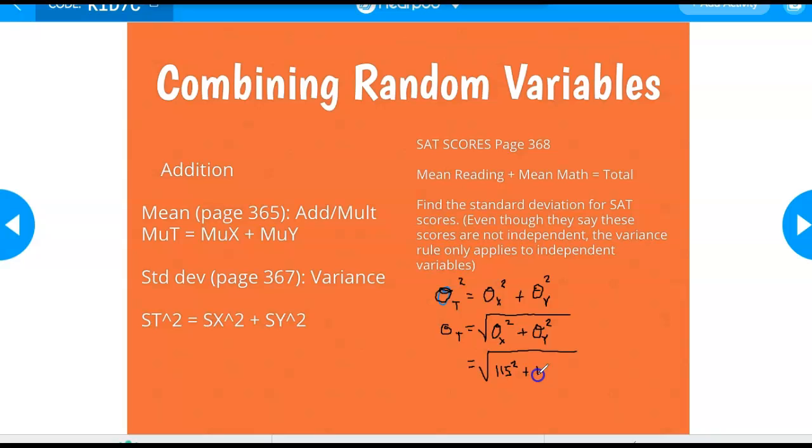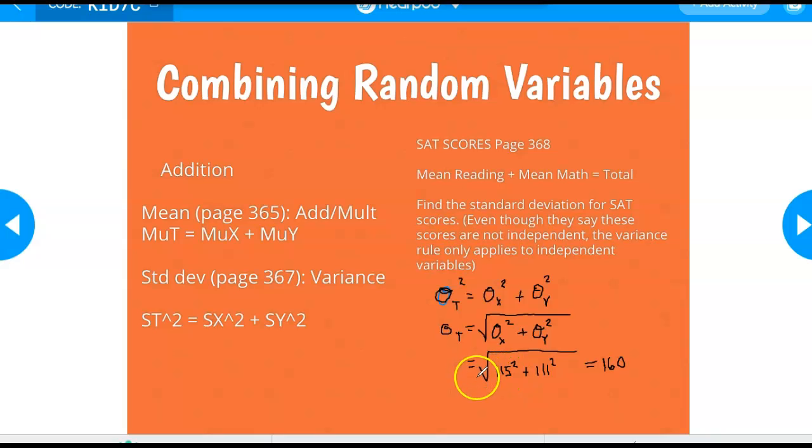It's going to be a little less than that. I get $159.83. Pretty close to 160. We use whole numbers for SAT scores usually.